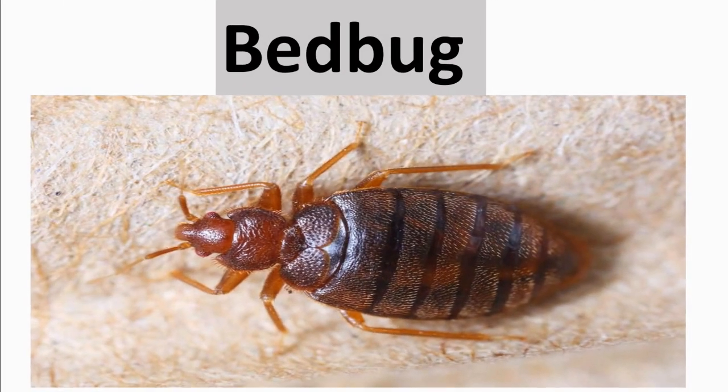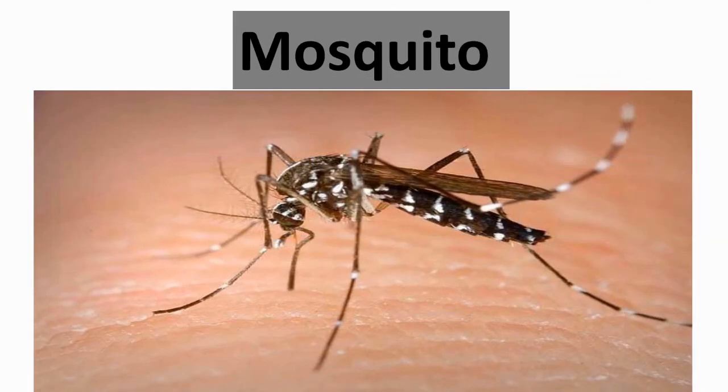The next is the bedbug. Bedbugs are mostly found in furniture or wooden things, but they suck our blood. Next are mosquitoes. We don't like mosquitoes around us at all, and they also make us sick.